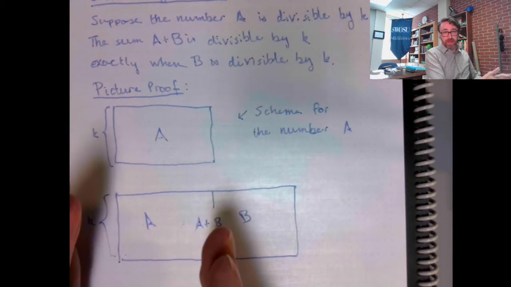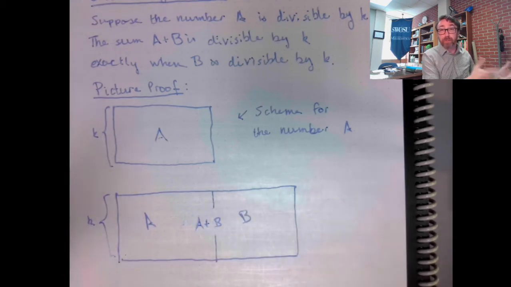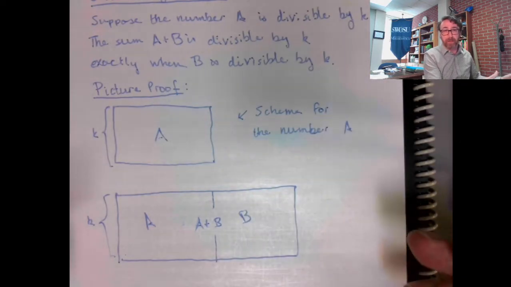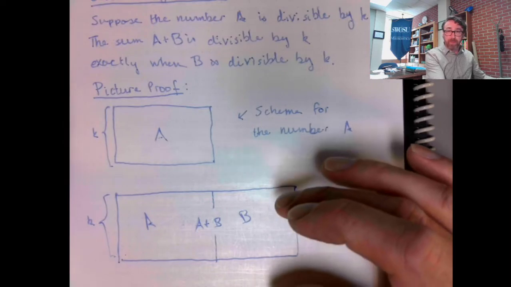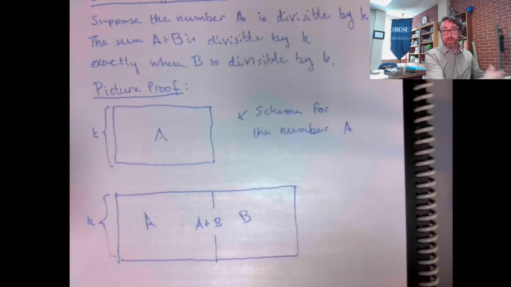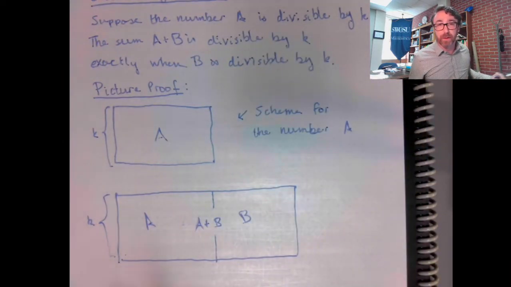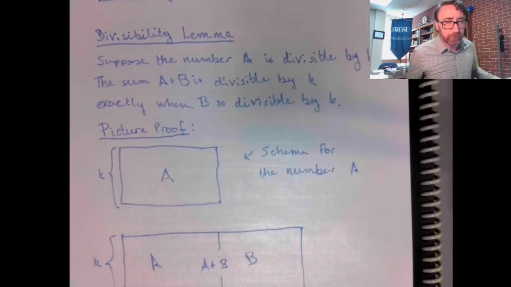If this side of the figure can be broken up evenly into k rows, then this part of the figure can. And similarly, if I start with this and I put on something that has k rows, then the resulting picture will have k rows.